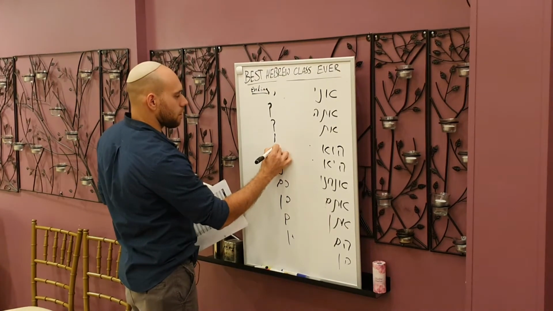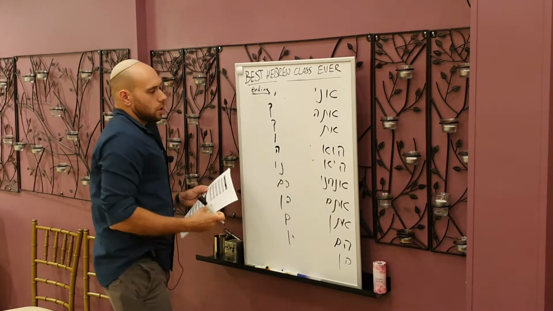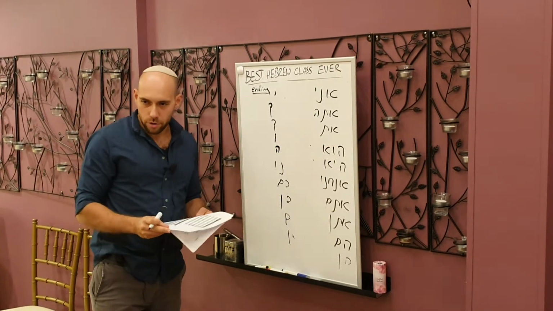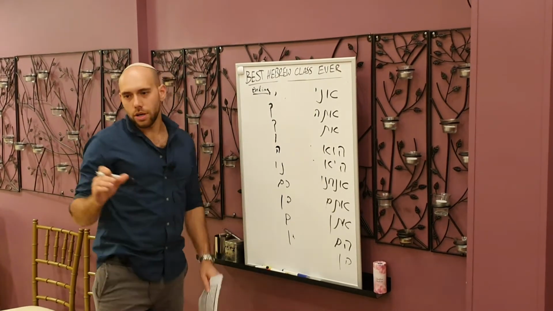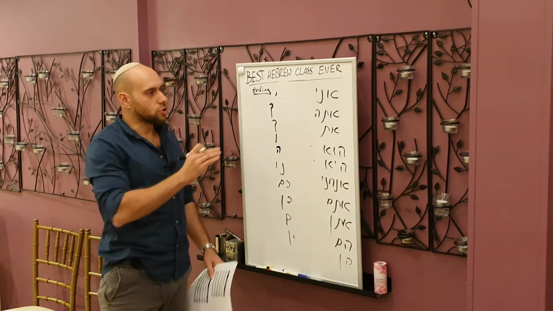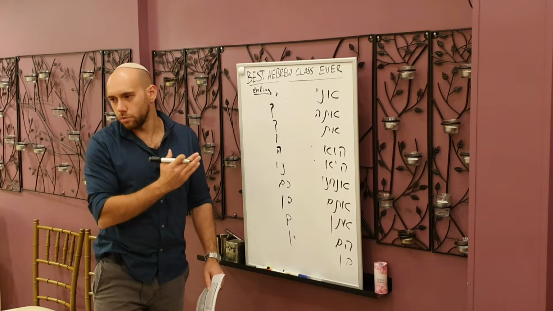It's like a mathematical formula. So let's say we take one of the words that we had before. We're going to take the word le, which was always attached to another word.